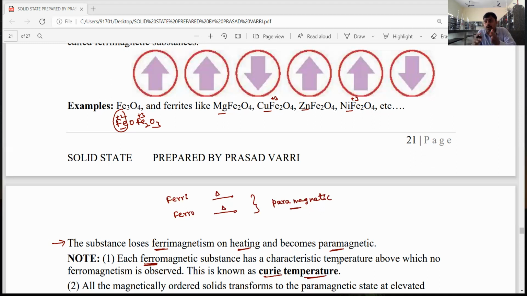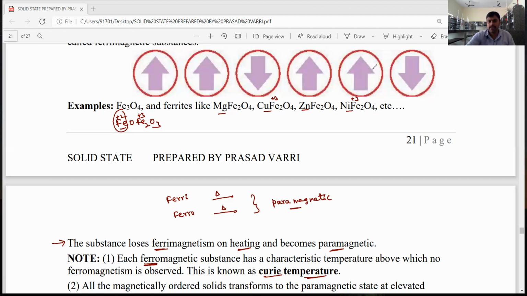Why are ferromagnetic substances converted into paramagnetic substances above that temperature? Because of randomization of parallel spin electrons. The parallel spin electrons are randomly arranged, so the ferromagnetic substances are converted into paramagnetic substances above a certain temperature, and that temperature is known as the Curie temperature.